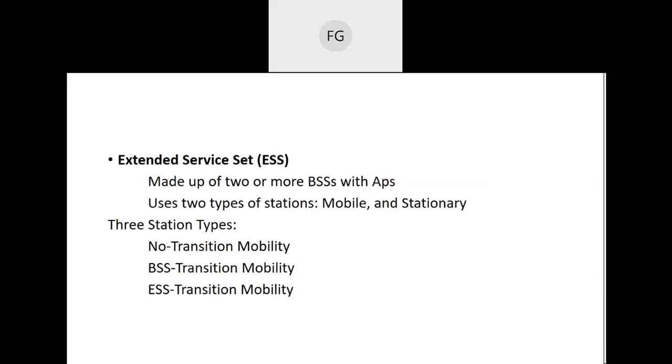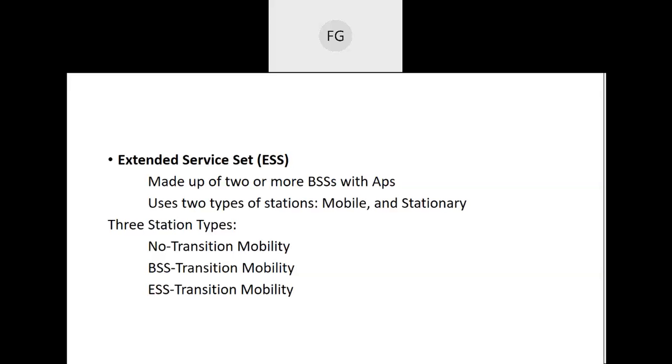And the IEEE 802.11 also defines three types of stations based on their mobility in a wireless LAN. Those are no transition, BSS transition mobility and ESS transition mobility. A station with no transition mobility is either stationary, that is not moving, or it moves only inside one BSS.